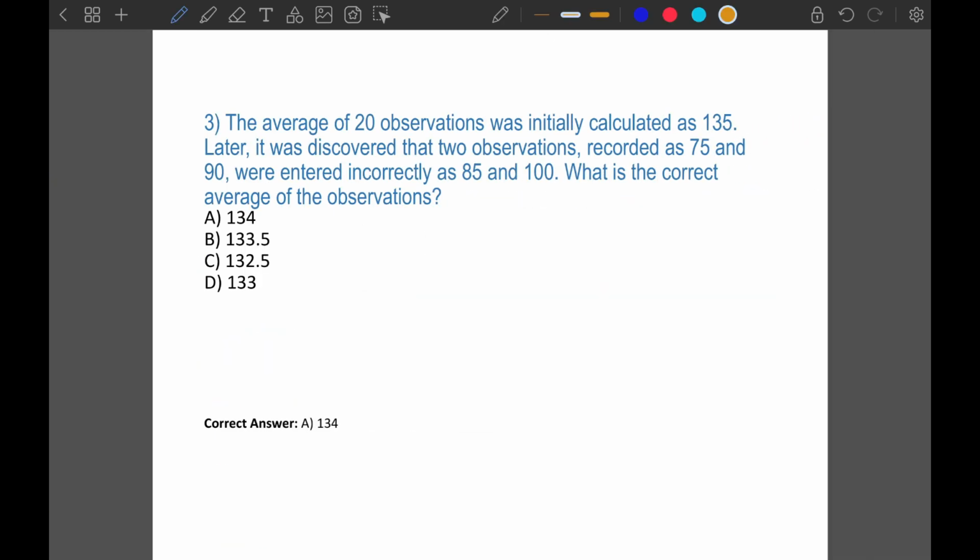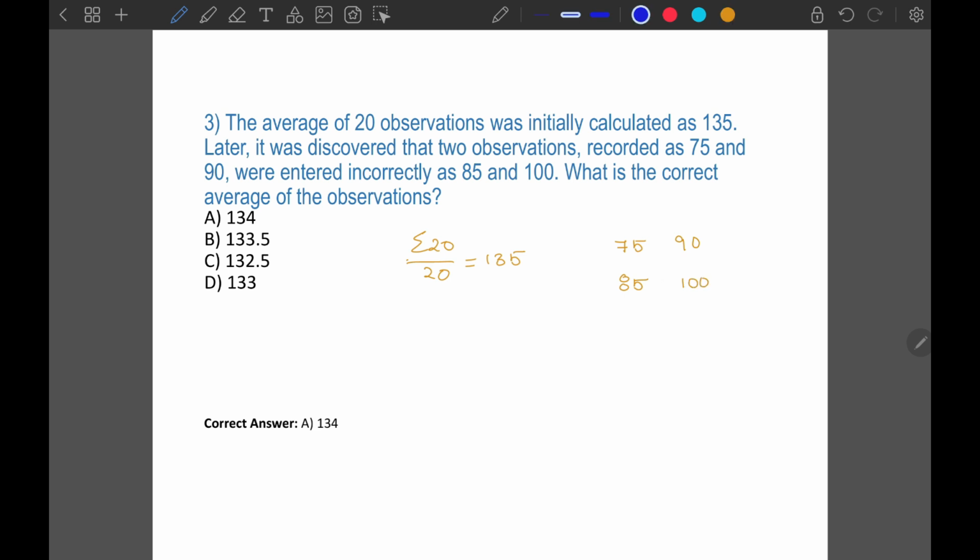Okay, let us try to solve this question. I hope this is the last question. The average of 20 observations was initially calculated as 135. Later it was discovered that 2 observations recorded as 75 and 85 have correct values of 85 and 100.